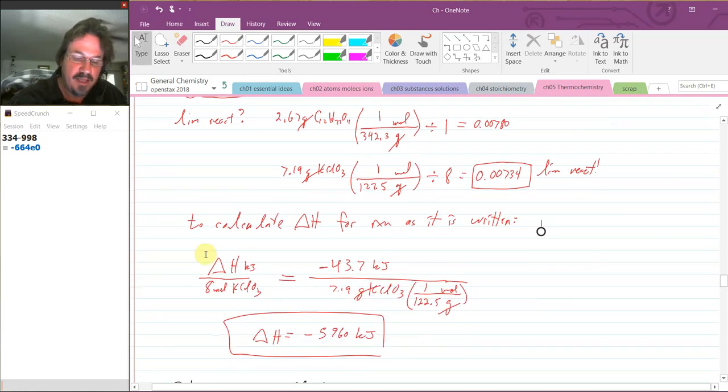Here's the actual data from the lab. I want, again, heat, kilojoules, per how many moles of potassium chlorate. Over here it was just 8, because that's how it was in the balanced reaction. Here's my actual data. The actual amount of heat I measured, 43.7 kilojoules. And what was the actual amount of potassium chlorate I had? Well, I converted that over to moles down here, 7.19 divided by 122.5.